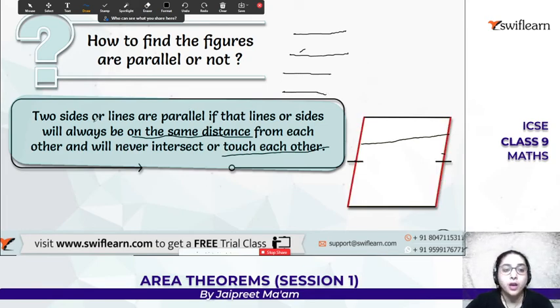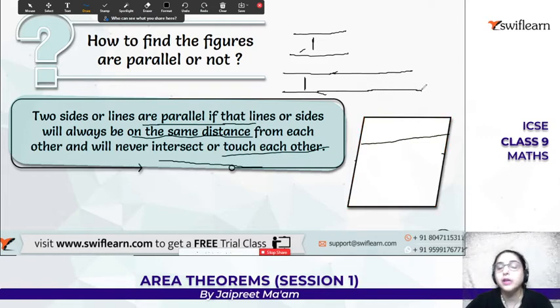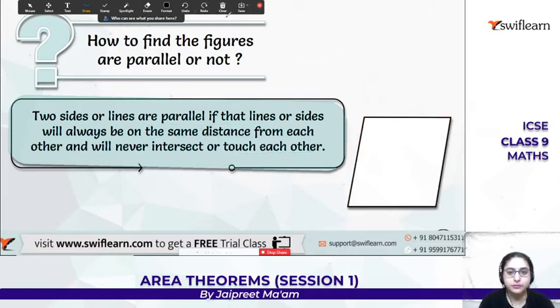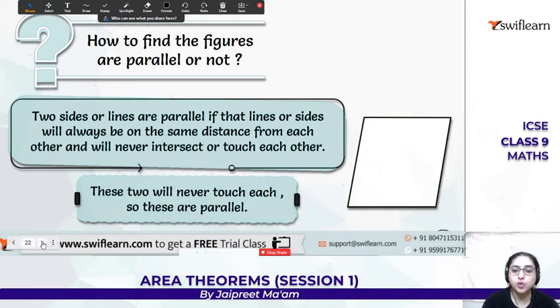In a railway track, the distance is the same and they will never intersect. If we extend them, they are not going to meet. This is an example of parallel lines, or parallel sides. These two will never touch each other as they are parallel.